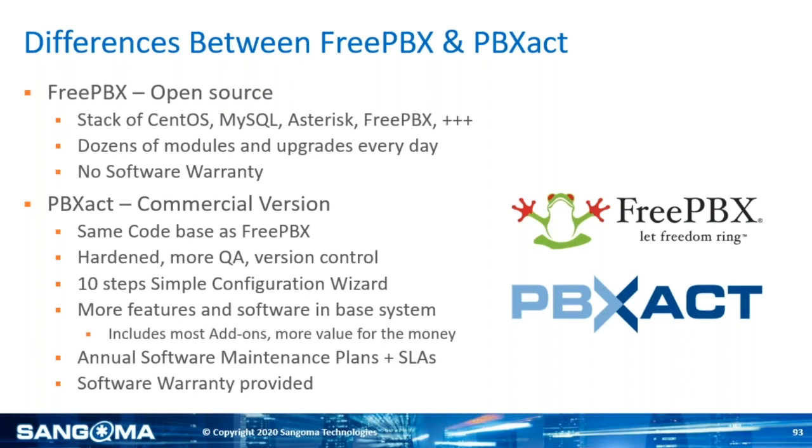I'll report bugs back to Sangoma, and we take all those bug reports, and it allows us to release a commercial version of FreePBX called PBXact that has next to 0 bugs or issues. Obviously, with software, there's always going to be bugs and issues, but it allows us to take those real-world scenarios and eliminate a ridiculous amount before it even goes to the commercial version.